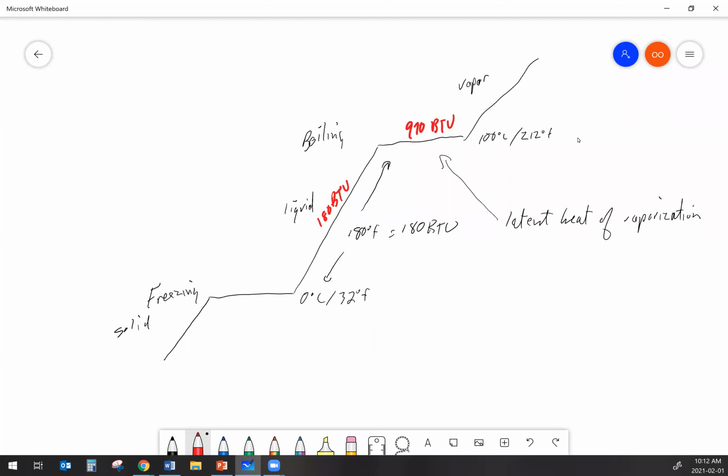The same thing applies in refrigeration. What we do is we take a liquid refrigerant and we kick it back and forth across that latent heat of vaporization point, its boiling point, or its condensation point. And then we can make that refrigerant soak up a whole lot more heat energy than if we simply warmed up and cooled down a liquid or warmed up and cooled down a vapor.